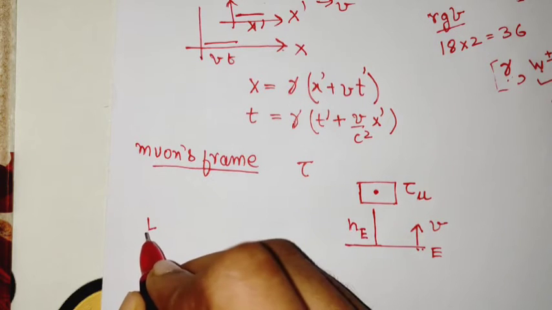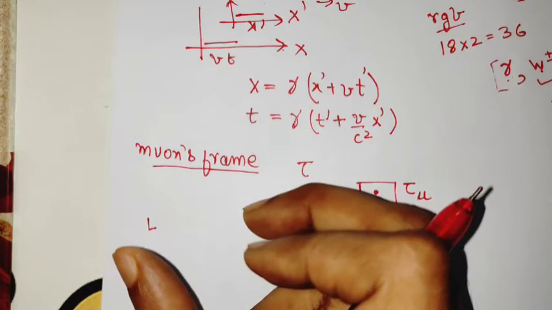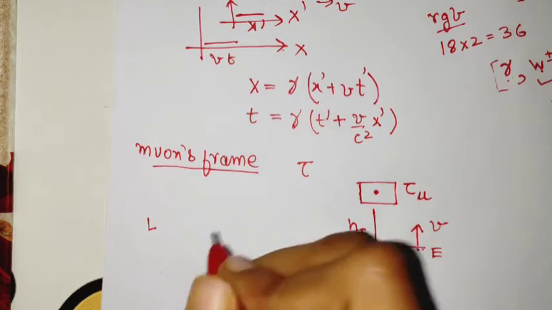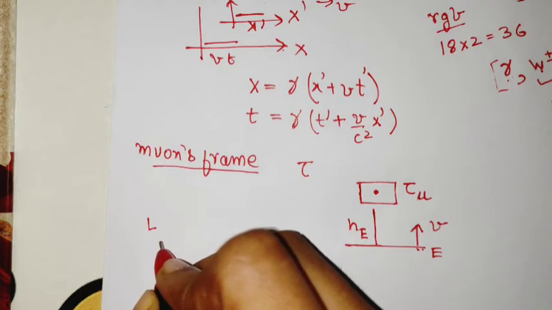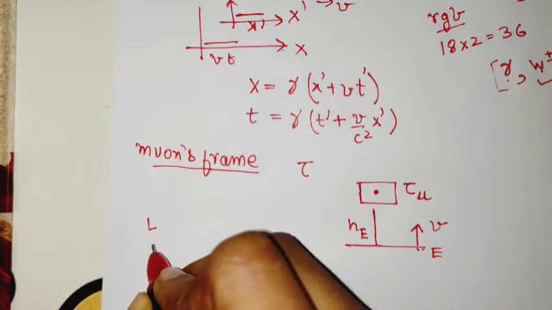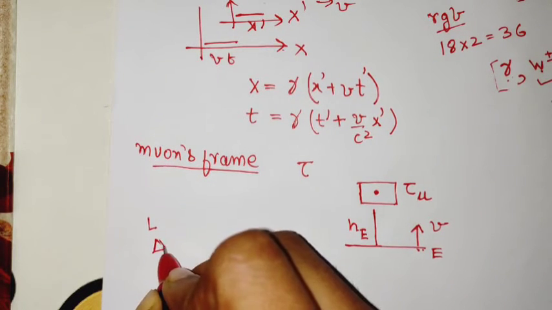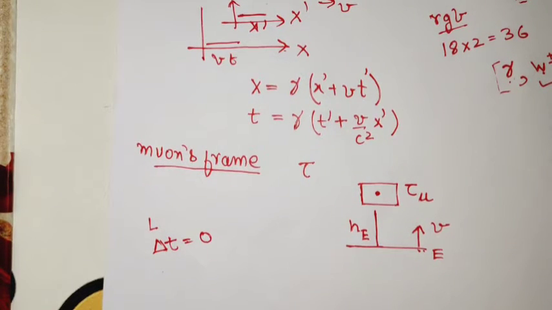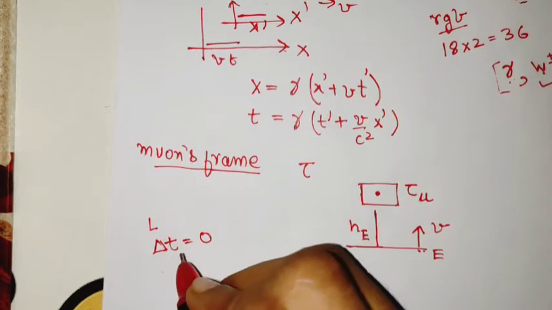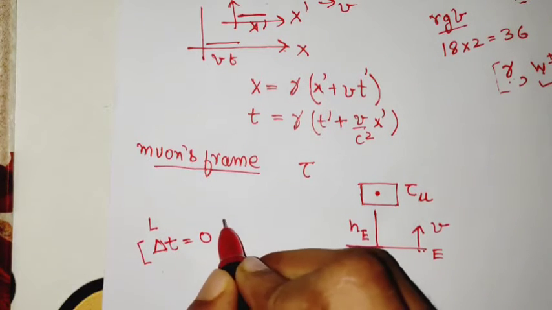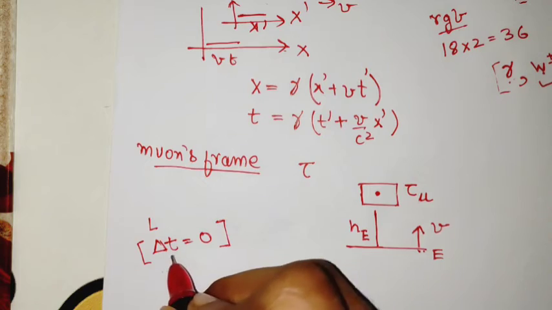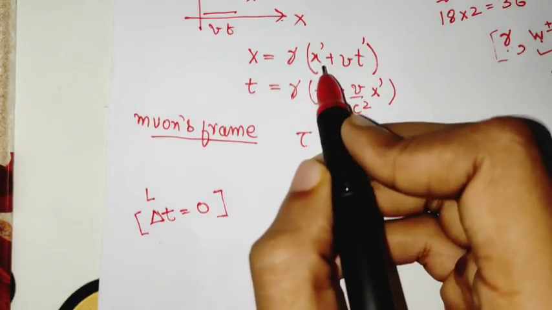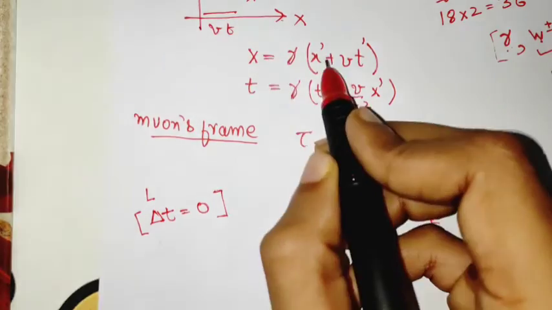For me the length is the original length, the proper length L, but for a person outside, the way he will measure the length is by making a measurement at a simultaneous time, delta t equal to 0. That is an important point: the measurement of length will be made at delta t equal to 0. So we will first use the inverse of this.